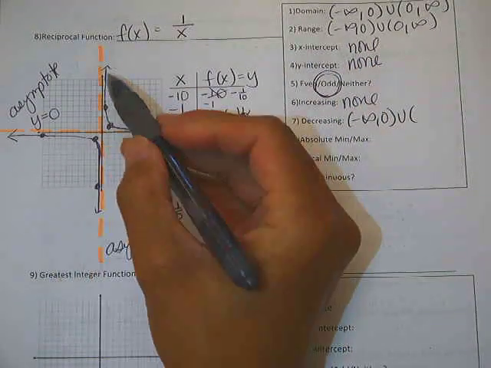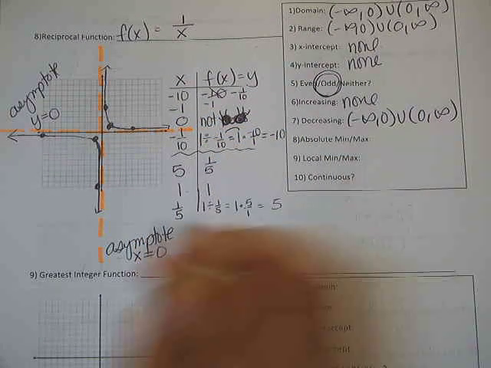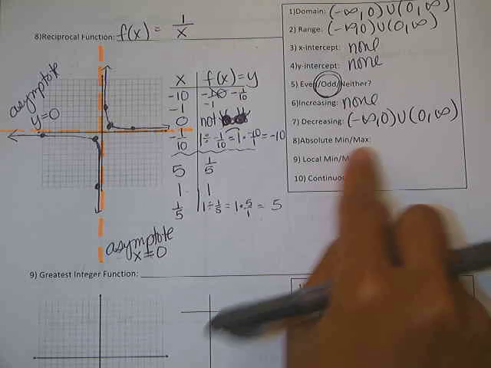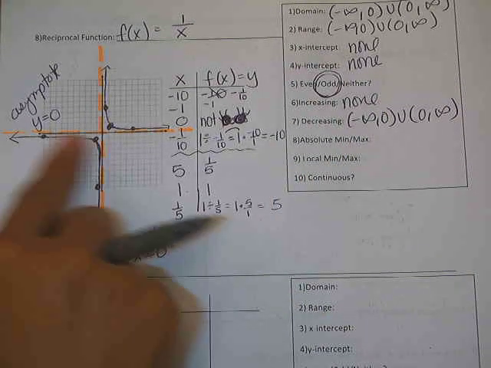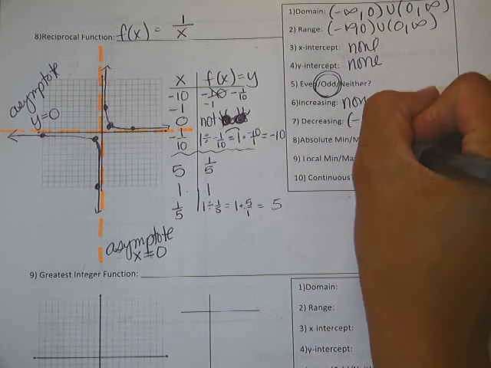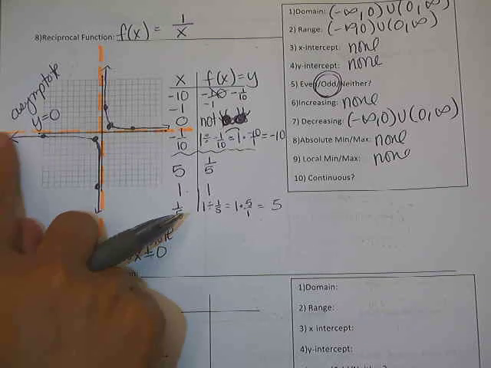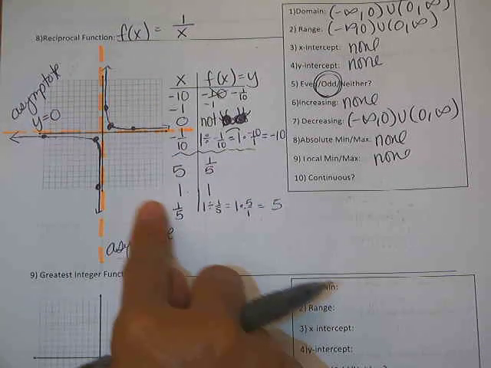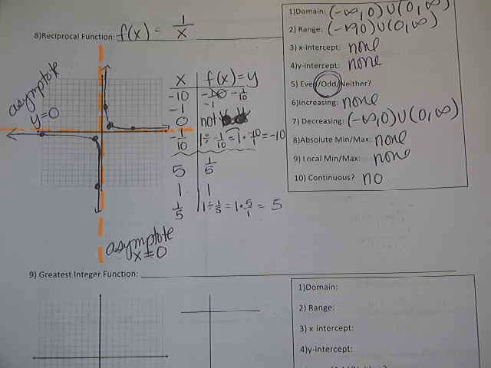And then it decreases again from 0 to infinity. Is there an absolute min and absolute max, a local min and local max? No, there's no such thing because we have arrows on the bottom, we have arrows on the top, and we have arrows on the sides. So none and none. Is it continuous? Can I graph the entire function left and right without lifting up my pencil? And the answer is no.